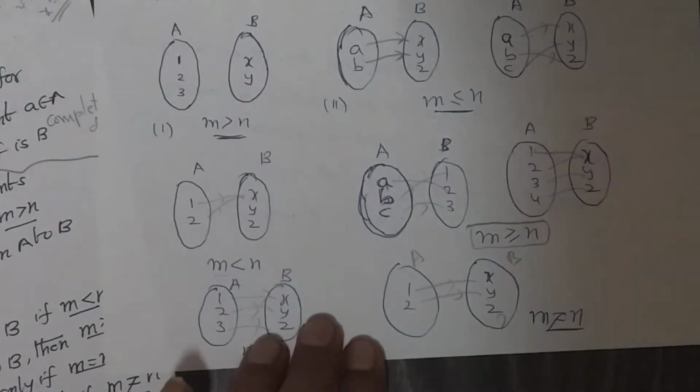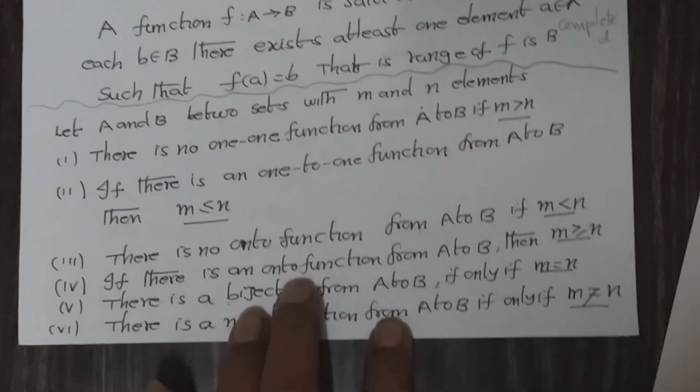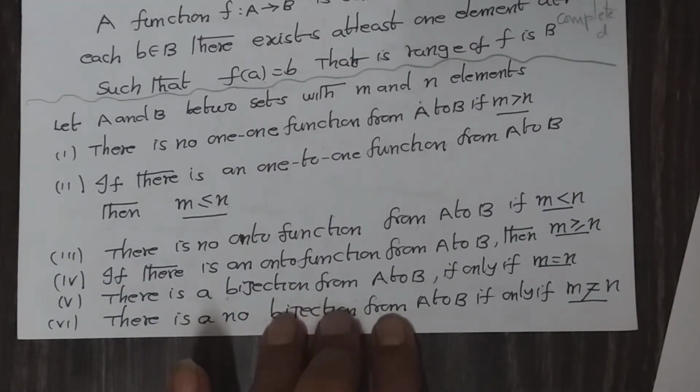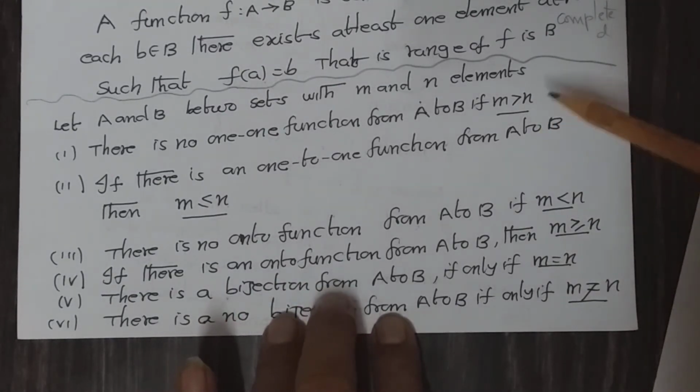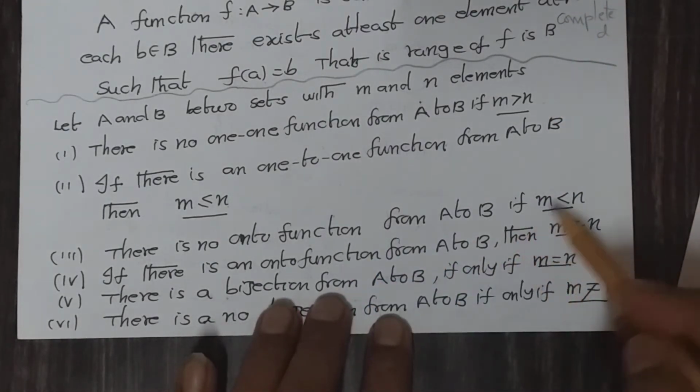So these 6 conditions are very important, students. They might ask in 1 mark also. So one more time I will revise all the 6 conditions. I will tell an easy way to remember. First, there is no 1 to 1 function from A to B when m is greater than n. There is no onto function from A to B when m is less than n.